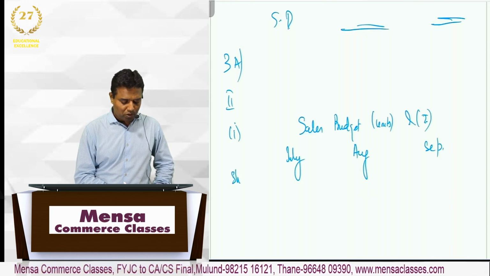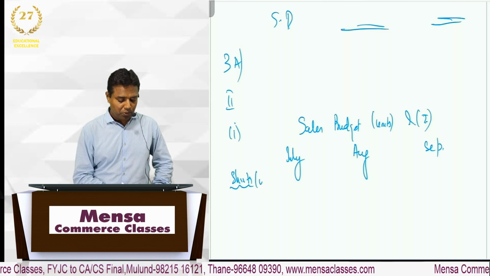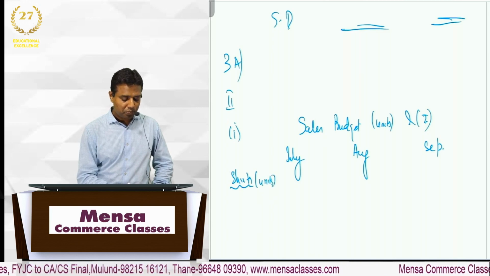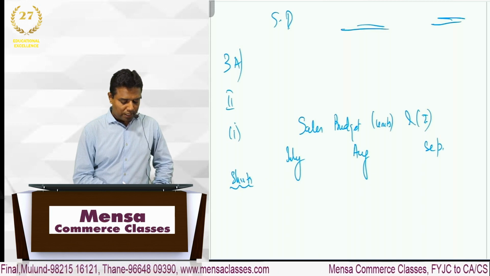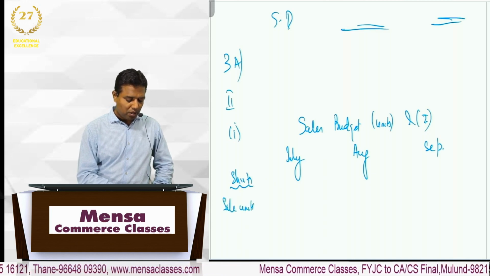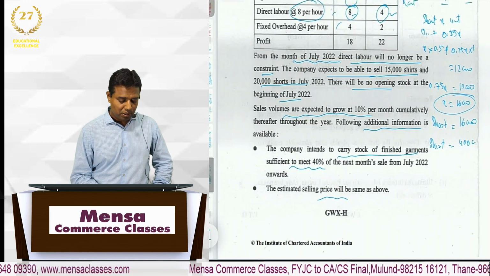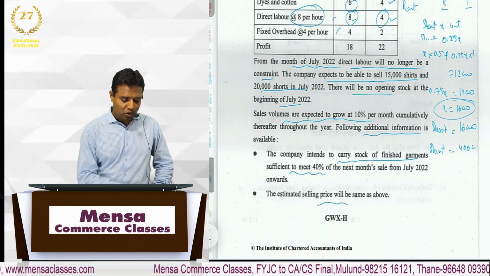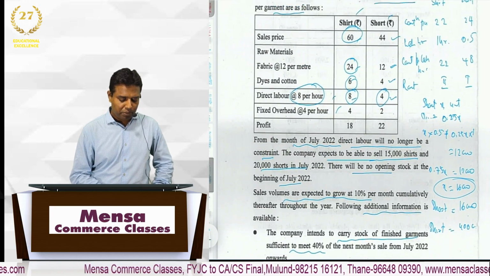So that is July, August, September. First we'll talk of shirts, correct? Let's talk of shirts in units. That is sale units. How much they have said? They have said it as 15,000. It starts with 15,000, grows by 10%, and shorts is 20,000, grows by 10% again.